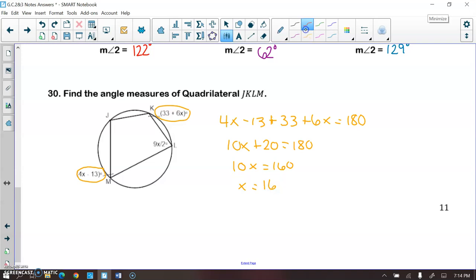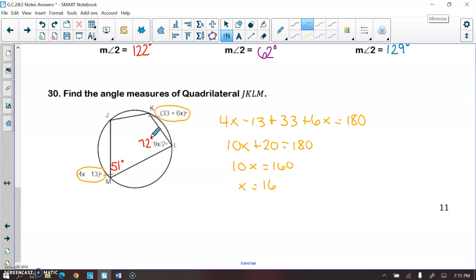So I want to find all the angles, so I'm going to put the 16 in for all the x's. So for angle M, 4 times 16 minus 13 gives me that this angle is 51 degrees. For angle L, 9 times 16 divided by 2 gives me that that angle is 72 degrees.